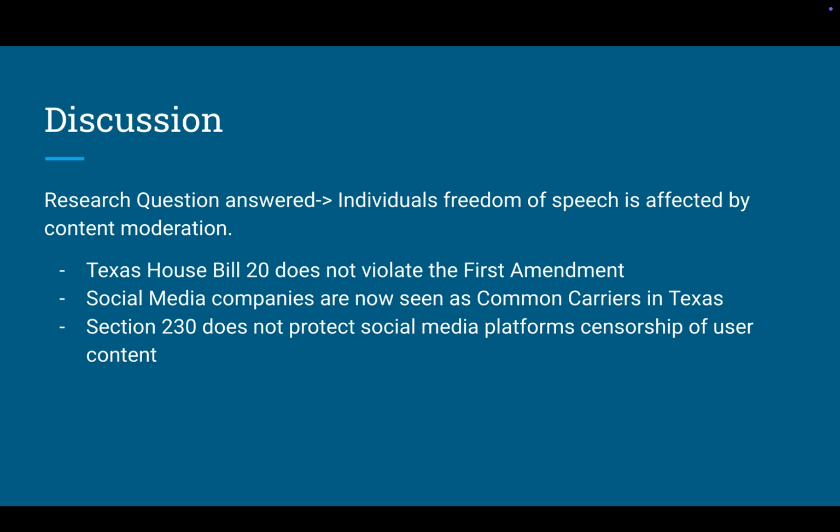With Texas House Bill 20, individuals' freedom of speech is able to be expressed the same amount or more freely, with social media companies less able to moderate content they do not see fit. Texas is now able to see social media companies as common carriers, and the platforms' arguments against it, saying they do discriminate based on viewpoint, lead to the understanding that companies have less of an ability to discriminately moderate content based on viewpoint.